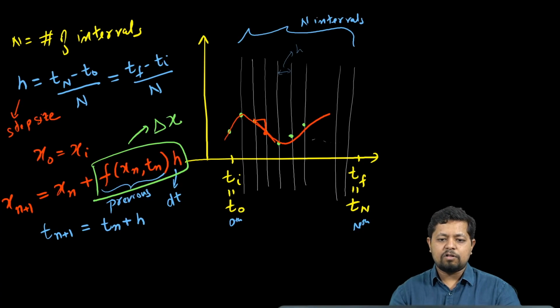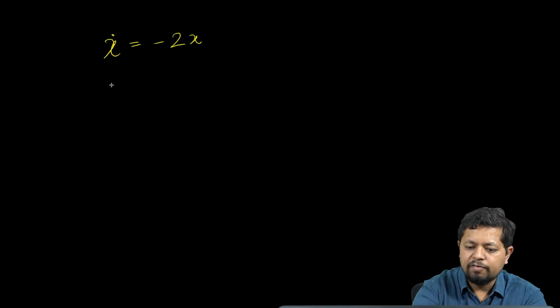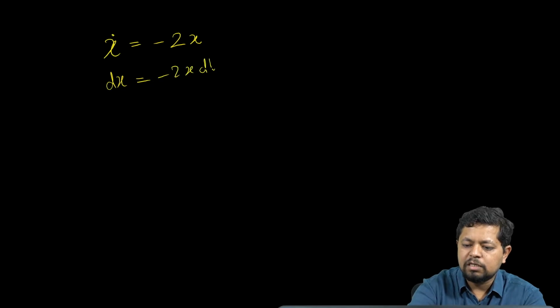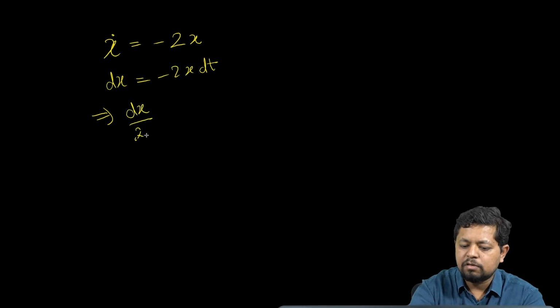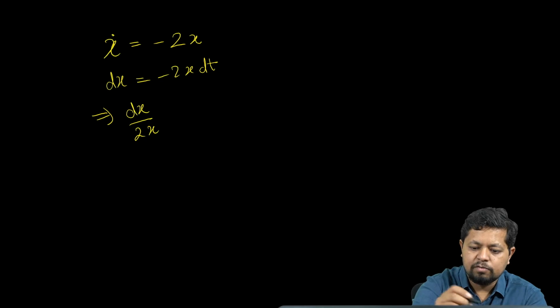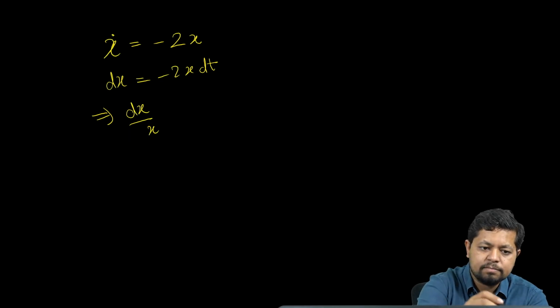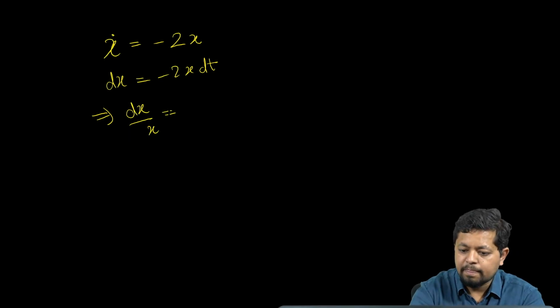First, let's solve this equation analytically. The equation that I want to solve is x dot is equal to minus 2x. Solving it analytically, I get dx equal to minus 2x dt, and I can write this as dx over x equals minus 2 dt.